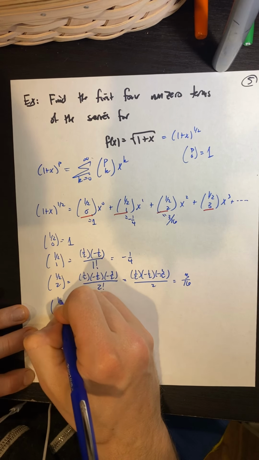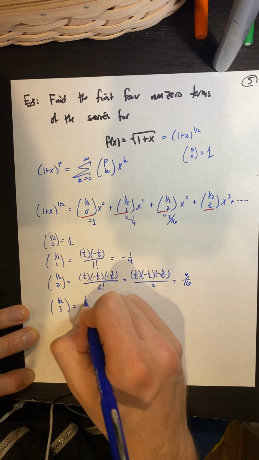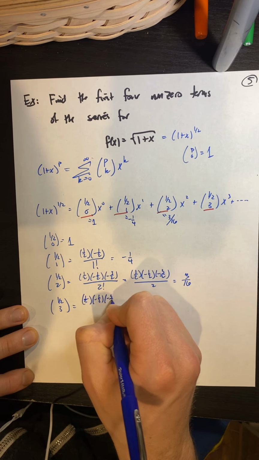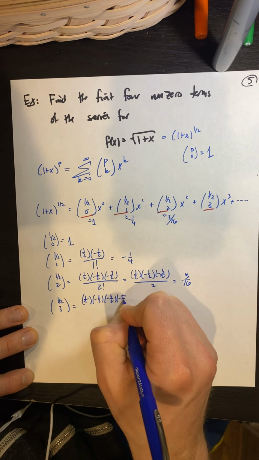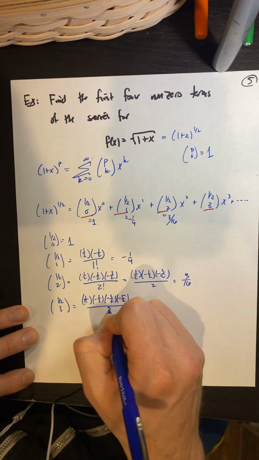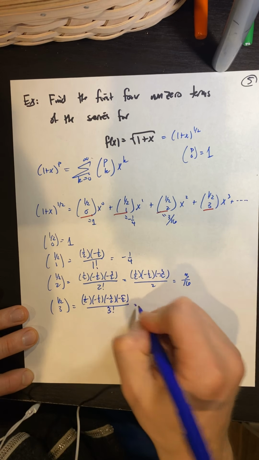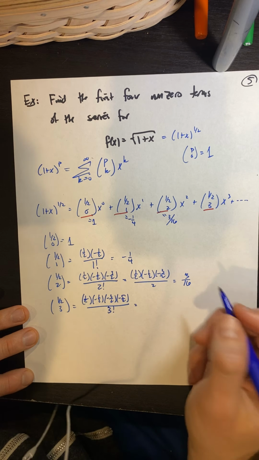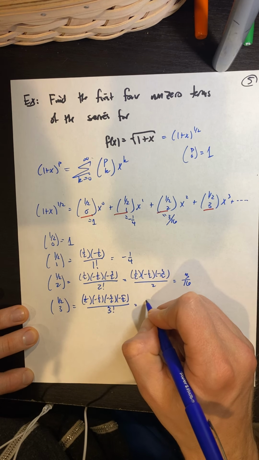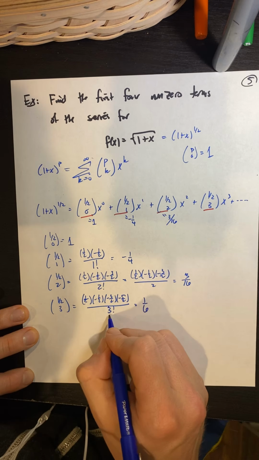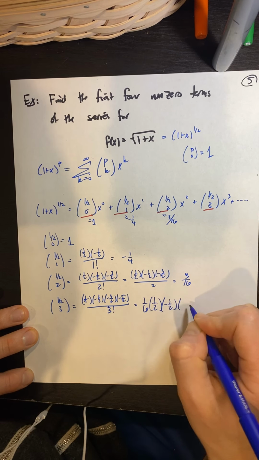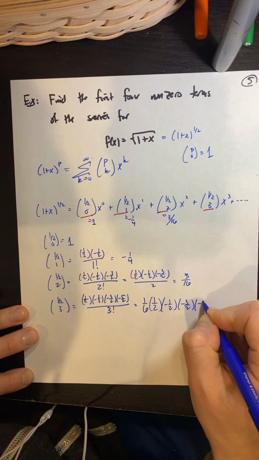Finally, 1/2 choose 3 is 1/2 times negative 1/2 times negative 3/2 times negative 5/2, all over 3 factorial. So this gives me, let's see, that's for the 3 factorial. Then I have 1/2, negative 1/2, negative 3/2, and negative 5/2.